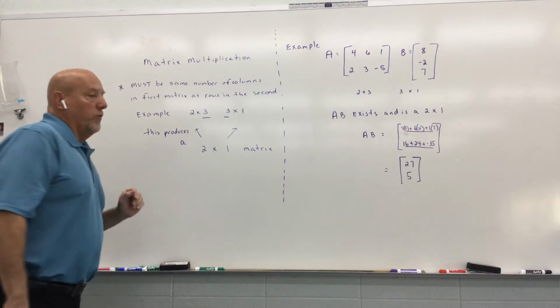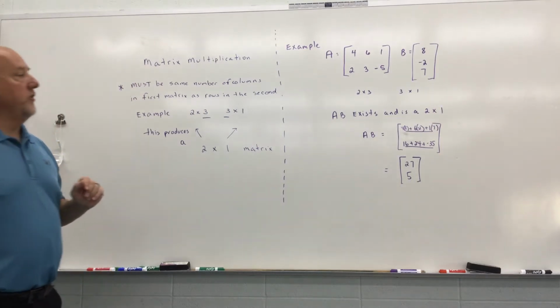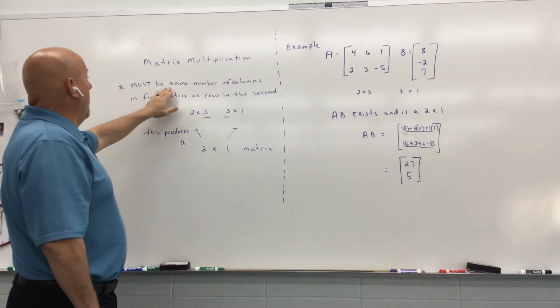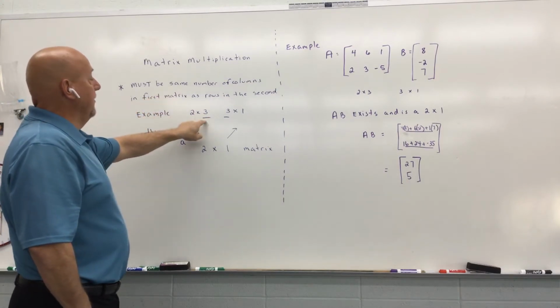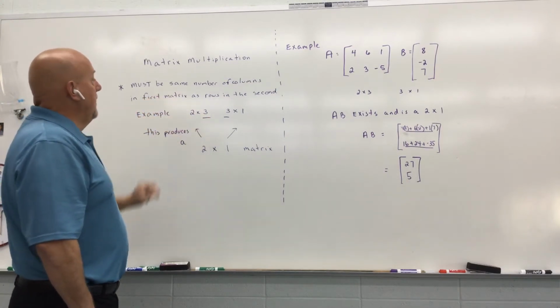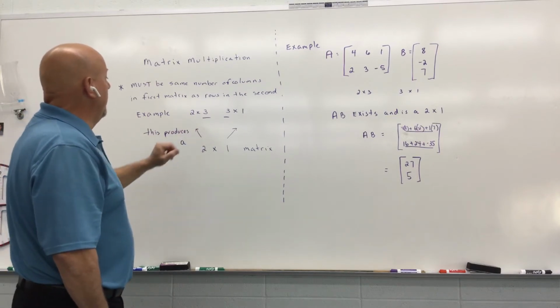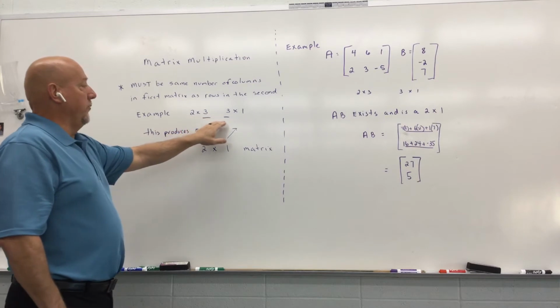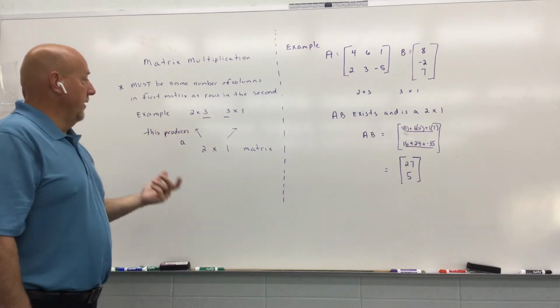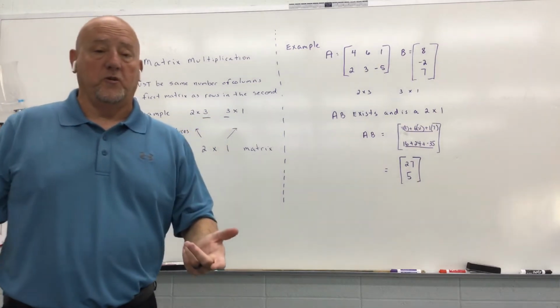So the first rule we have to have whenever we multiply matrices is the number of columns in the first matrix, example here of 3, has to be the same as the number of rows in the second matrix. So I can multiply a 2 by 3 and a 3 by 1 and end up with a 2 by 1 matrix.